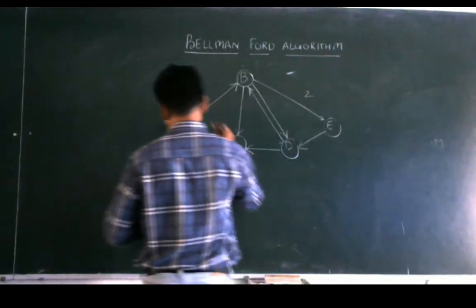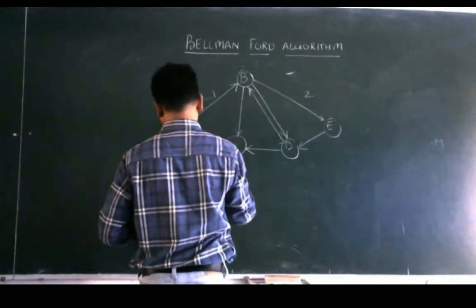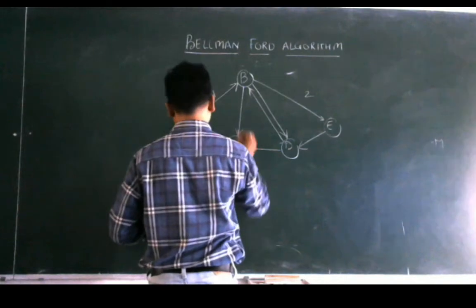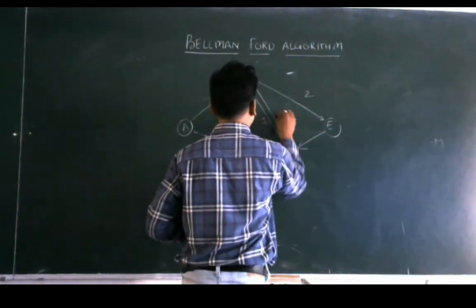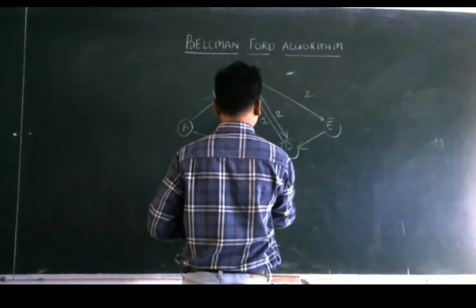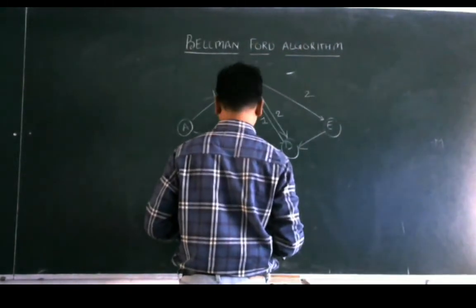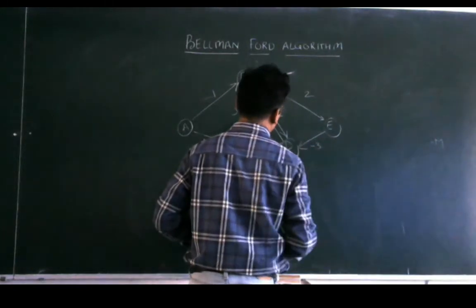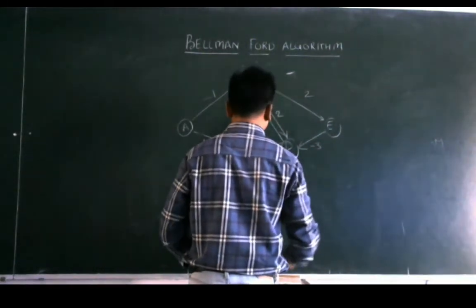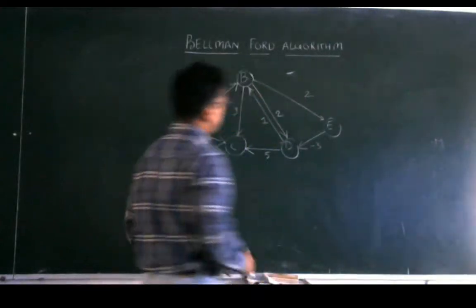The edge weights are -1, 4, 3, 1, 2, 5. This is -3. So yeah, here is the graph.